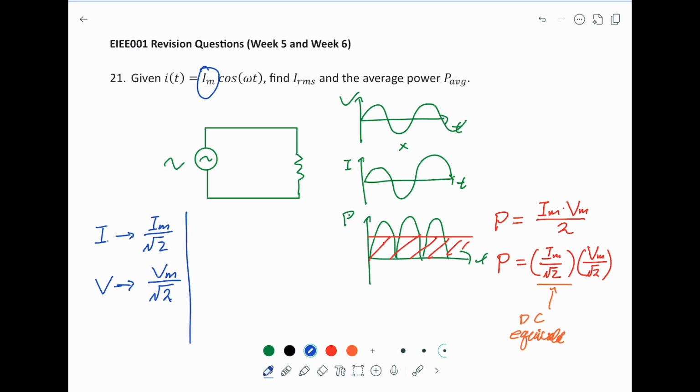So we call this the root mean square value. Root mean square value is the DC equivalent.